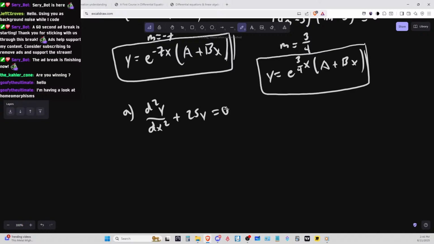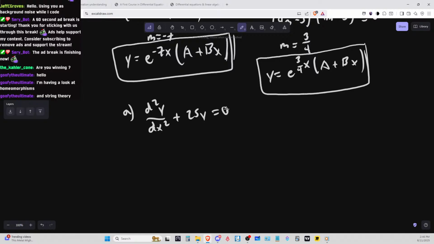I'm having a look at homomorphisms. Oh, nice, Goofy. Why are you looking into that? What are you trying to do? Are you trying to program something? Oh, in string theory? Oh, nice. Actually, Goofy, are you doing a PhD in physics? Or are you in a grad program? Because I'm trying to remember exactly what it was.